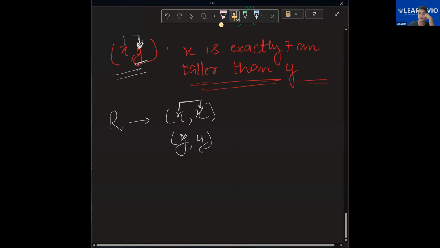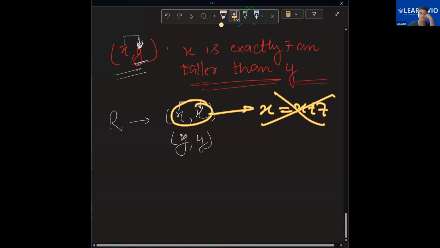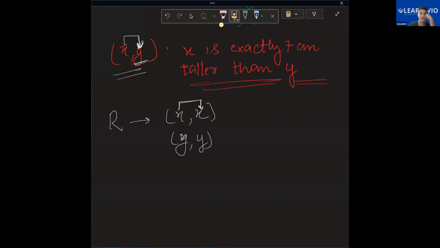But if we are talking about (x, x), then x is equal to x plus 7.